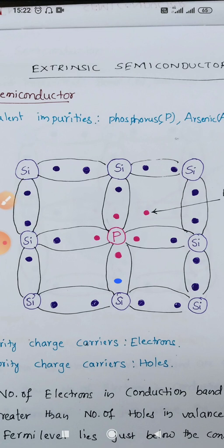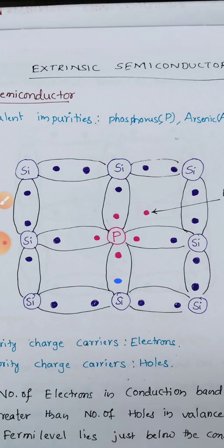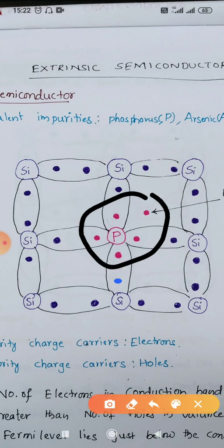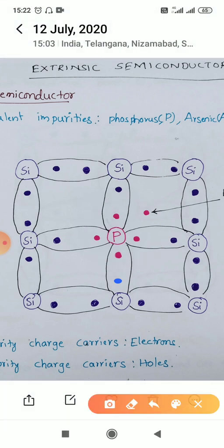Because the impurity is introduced in very small numbers, let us say for 8 silicon atoms we introduced one phosphorus. Silicon is tetravalent, containing 4 valence electrons, and phosphorus is pentavalent, containing 5 electrons in its valence orbit.